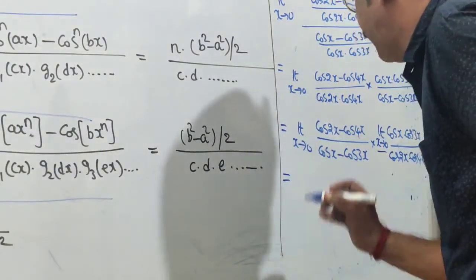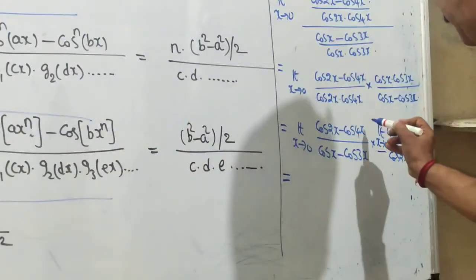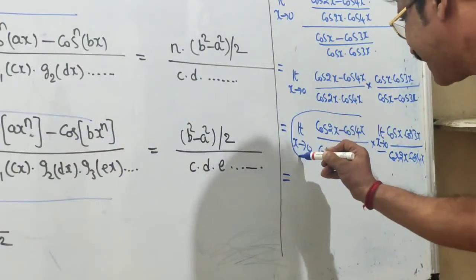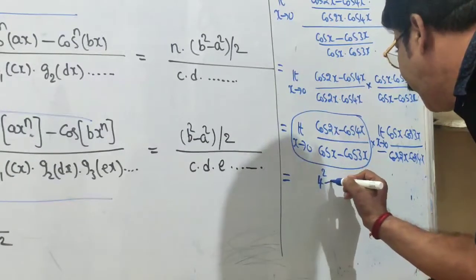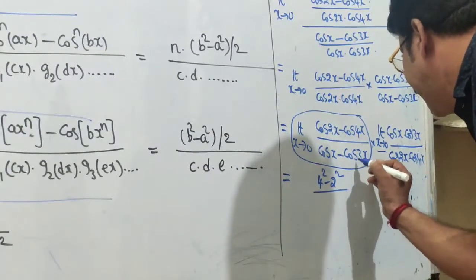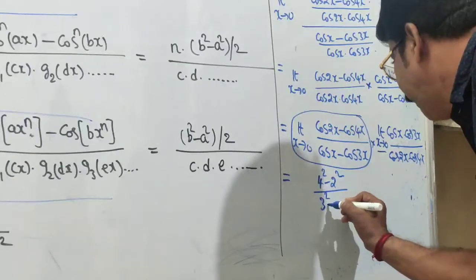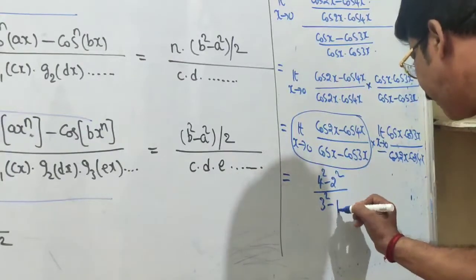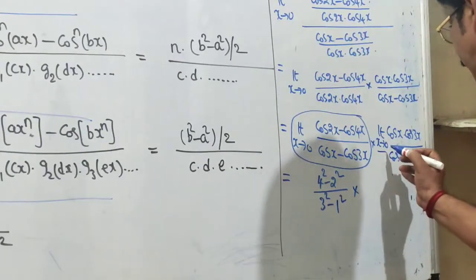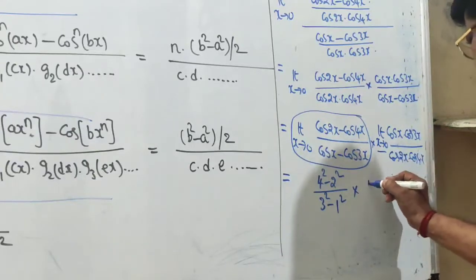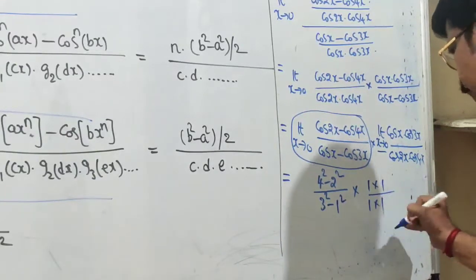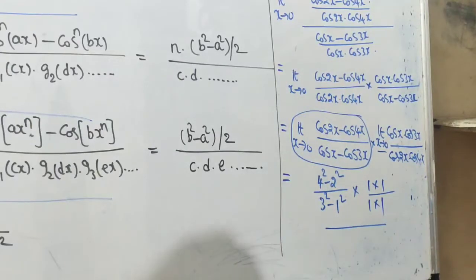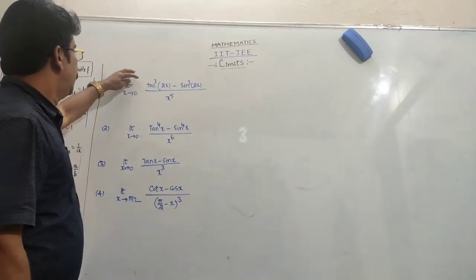So that is equal to, next, for this we are using the shortcut. What is that? (4 square minus 2 square) divided by (3 square minus 1 square), into the limit as x tends to 0 of cos 1 by 1. That's all. You calculate. Understand?